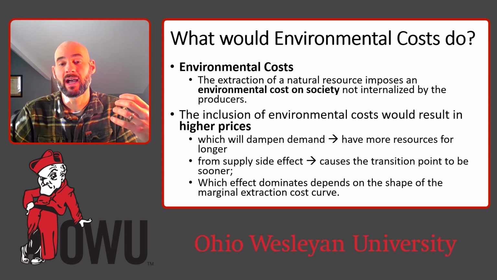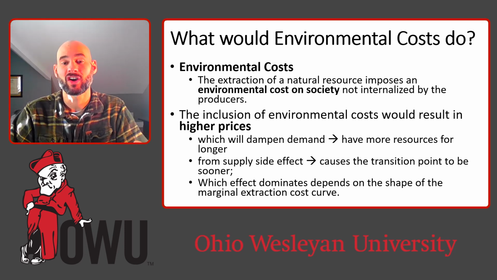But from the supply side, this is going to cause a transition point, a switch point, to that renewable resource sooner, because the total marginal costs are going to increase at a faster rate given the environmental costs.